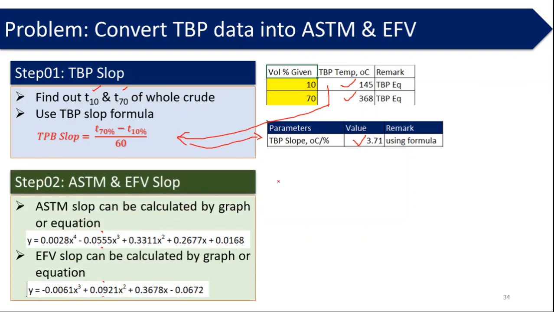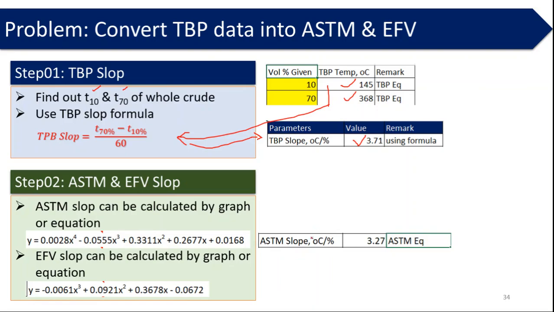Now step 2 is the ASTM and EFV slope. With the help of the TBP slope we can find out these two values. The ASTM slope can be found by this equation, y is a polynomial in x, x cube, x square, and the EFV slope can be found by these equations. In these two equations, y is the ASTM slope for ASTM and the EFV slope for EFV, and x is the TBP slope.